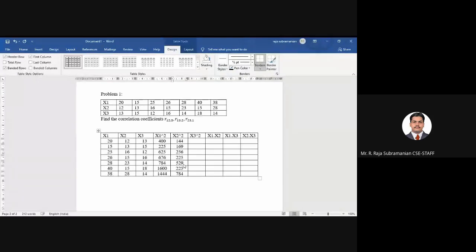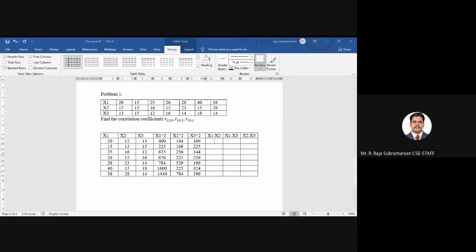Next x3: 169, 225, 144, 256, 14 squared is 196, 18 squared is 324, and 14 squared is again 196.